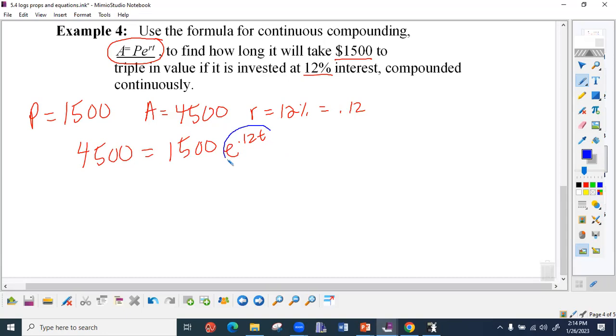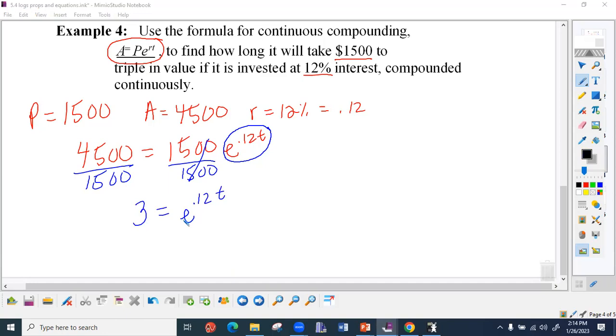So here is my exponential, and our exponential needs to be completely by itself. So that means I need to divide by 1,500. And 4,500 divided by 1,500 equals 3. So we have 3 equals e to the 0.12 times t.